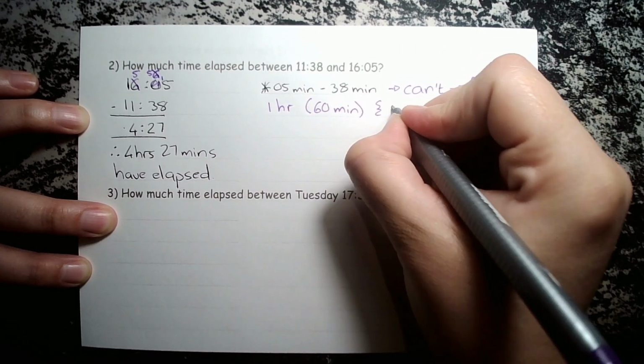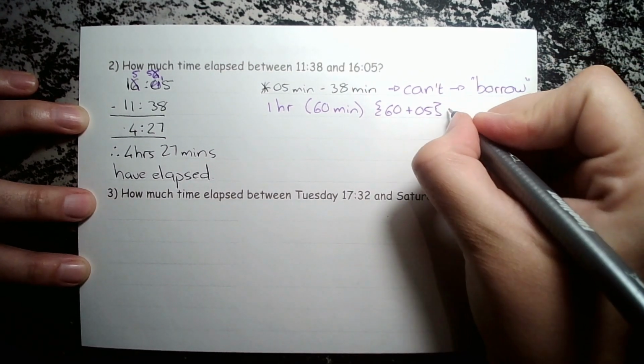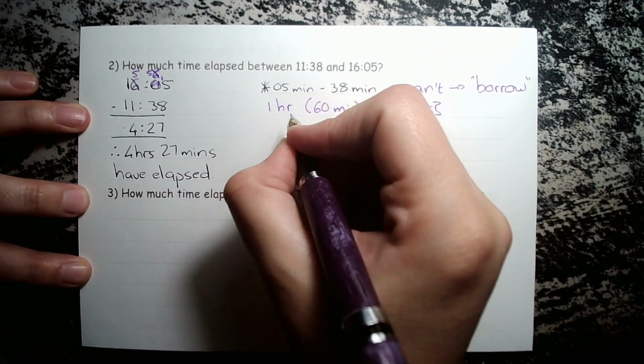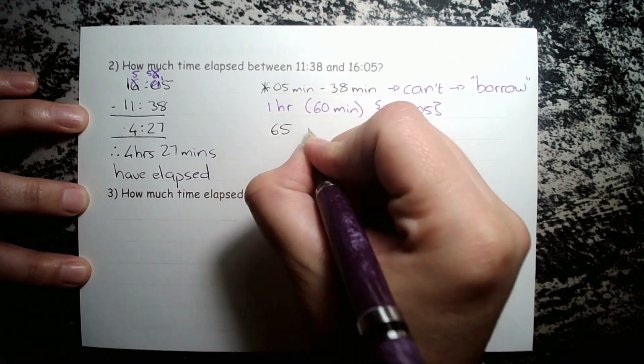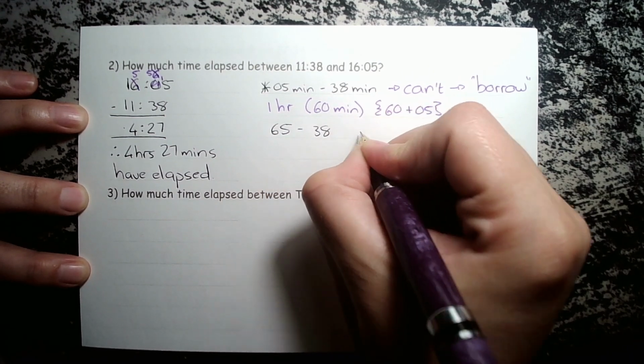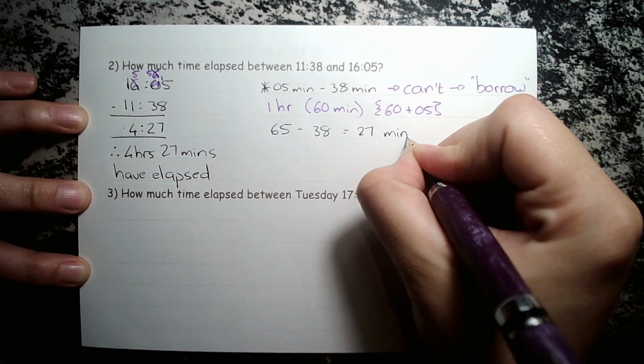So we have the 60 plus 5, and that gives us our 65. 65 minus 38, and that leaves us with 27 minutes.